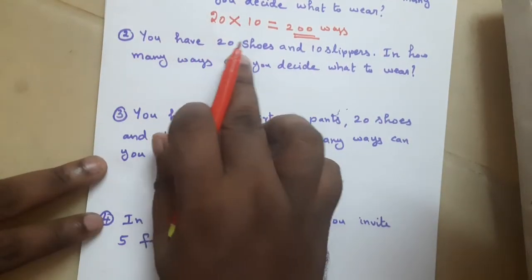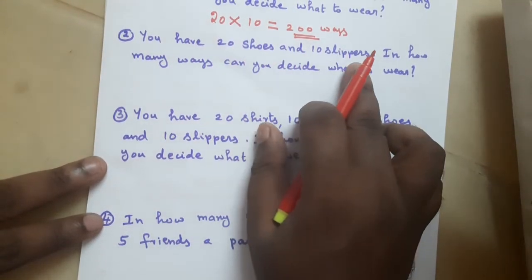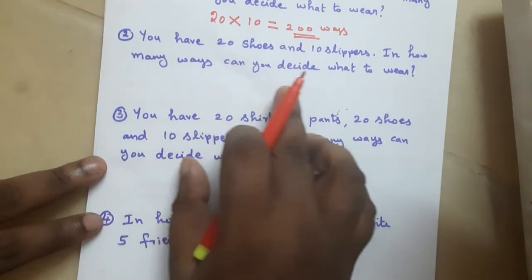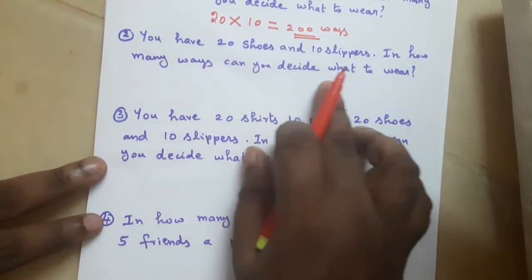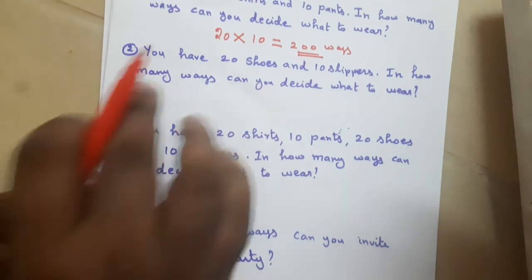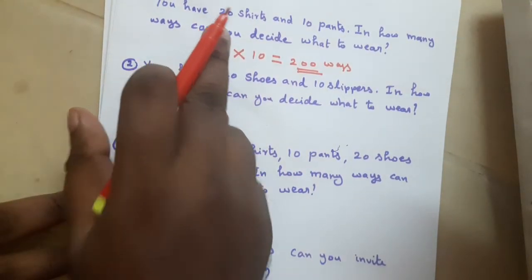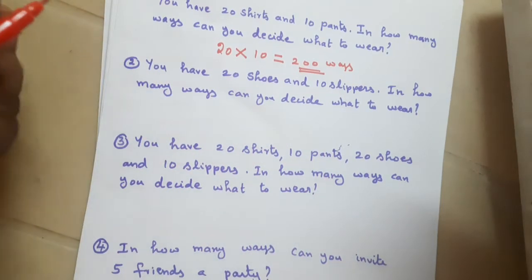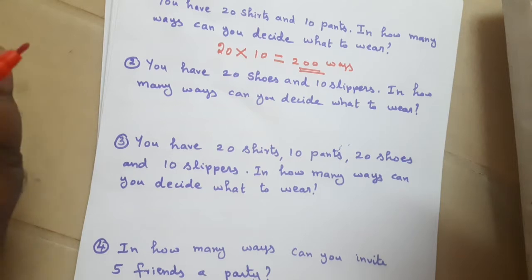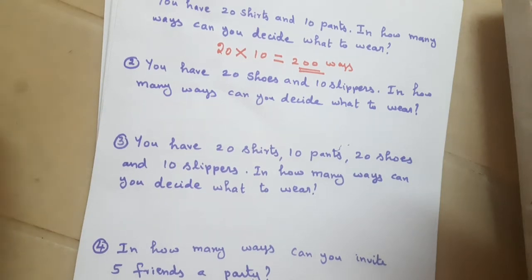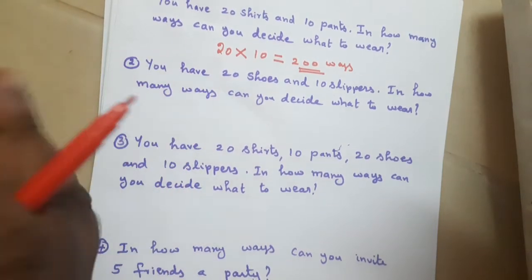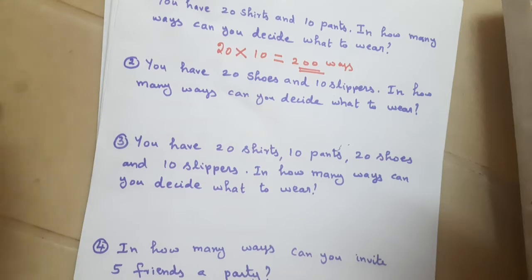In the second problem, you have 20 shoes and 10 slippers. In how many ways can you decide what to wear? What is the difference between the first and second questions? In the first question, we can wear shirt and pant at the same time. But in the second question, we can't wear both at the same time. We can wear a shoe or a slipper.